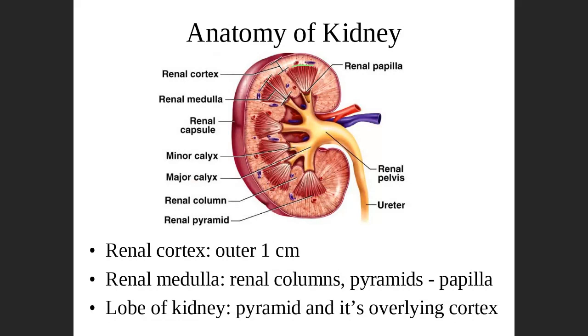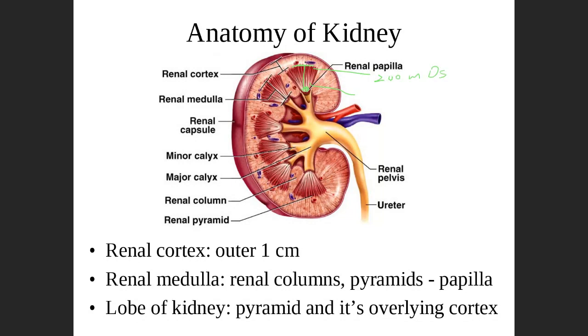And then it also has a region at the tip, which is the papillae. Now, if you measure the concentrations of salt here versus here, the region near the cortex has roughly about 200 milliosmolarity.